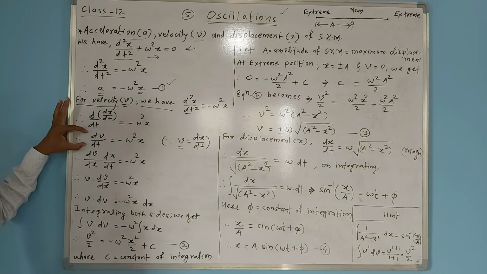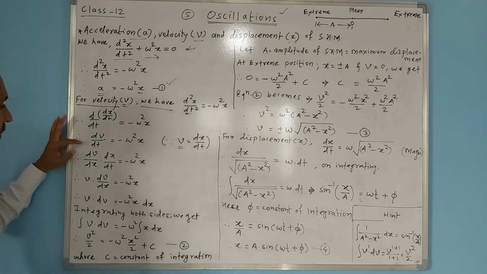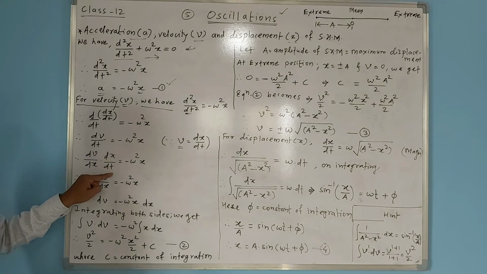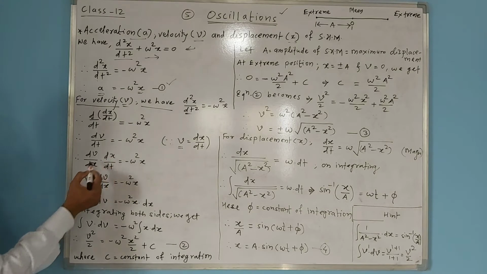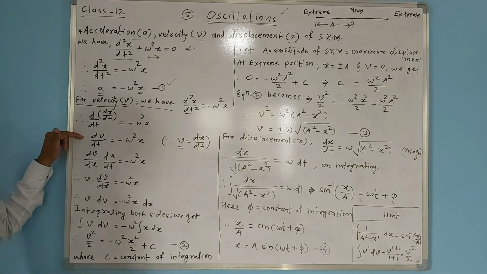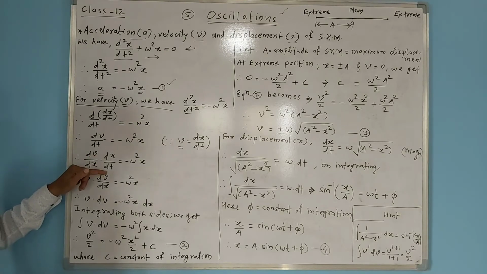We write dv by dt this way for the simplification. So dv by dt means dv by dx multiplied by dx by dt.